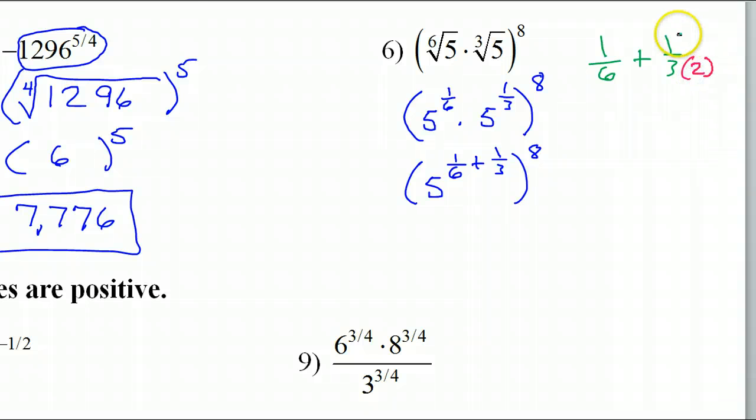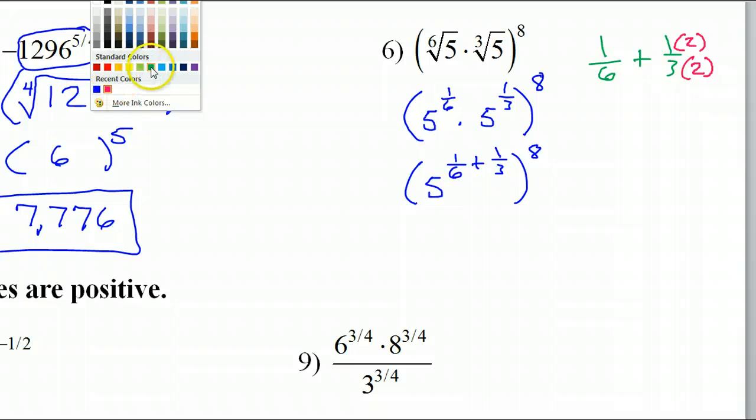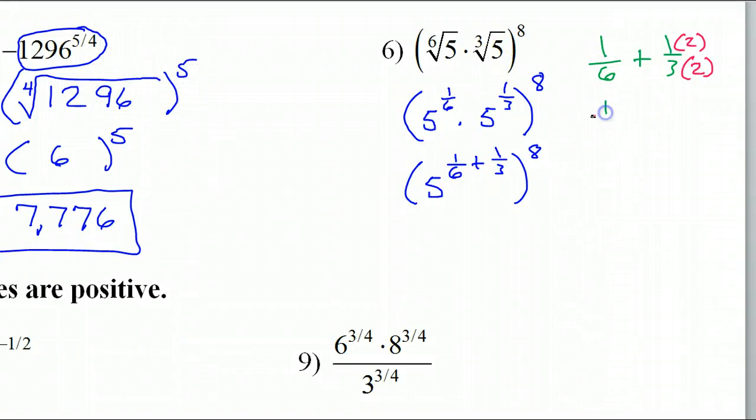If I multiply this by 2, then they'll both be 6s. So that's cool. So I'm going to have 1/6 plus 2/6. 1 plus 2 is 3, so that's 3/6. And this reduces to 1/2.